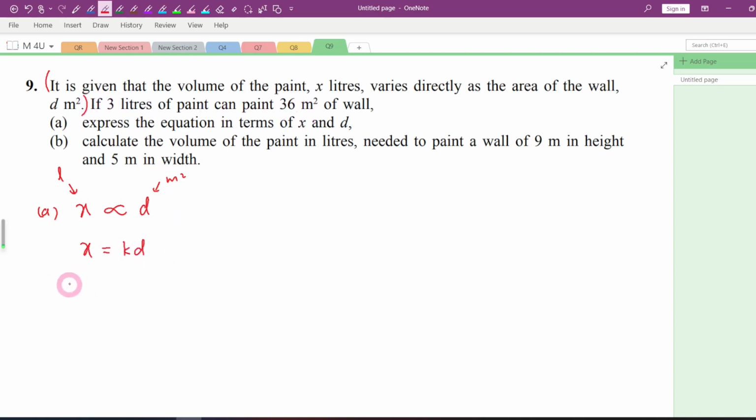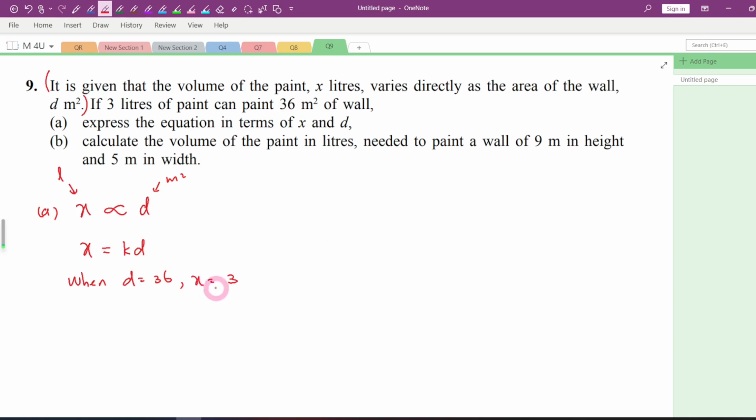Given by the question, when d is equal to 36, okay, if you don't want to write the units, because the d here is actually only a number, when d is equal to 36, x is equal to 3.